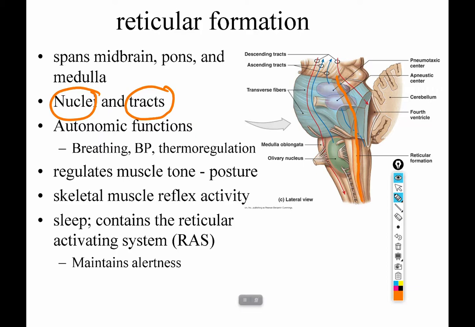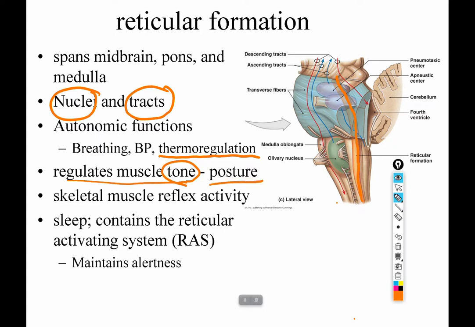So you can imagine that the reticular formation, since it passes through the pons and the medulla, is going to send out afferent and efferent signals that connect it to the respiratory centers, the cardioacceleratory and inhibitory centers, and other centers of the pons and the medulla, and it even ascends and helps regulate thermoregulation via both skeletal muscle and its influence on the hypothalamus. It regulates muscle tone, which helps us remain upright.